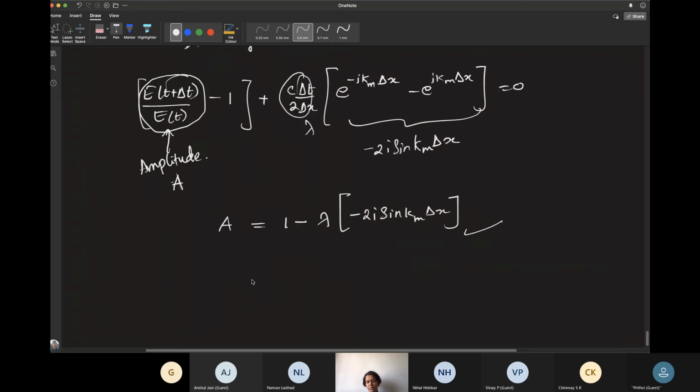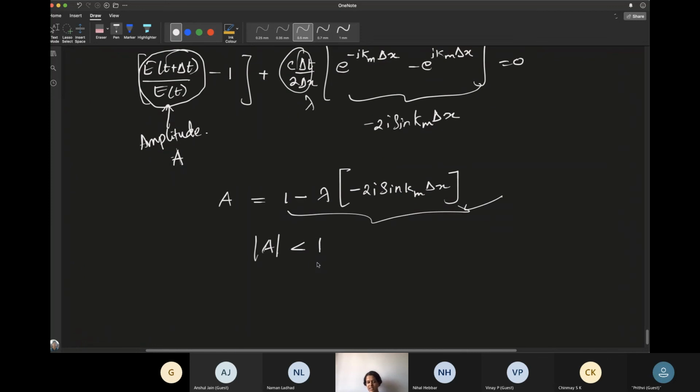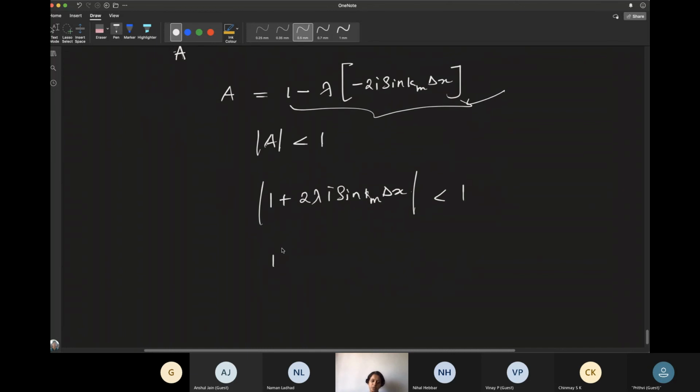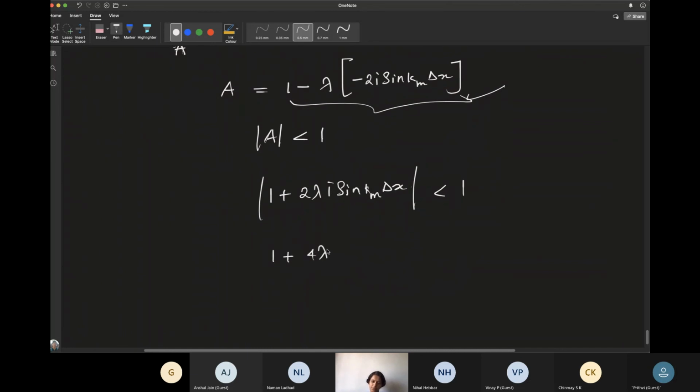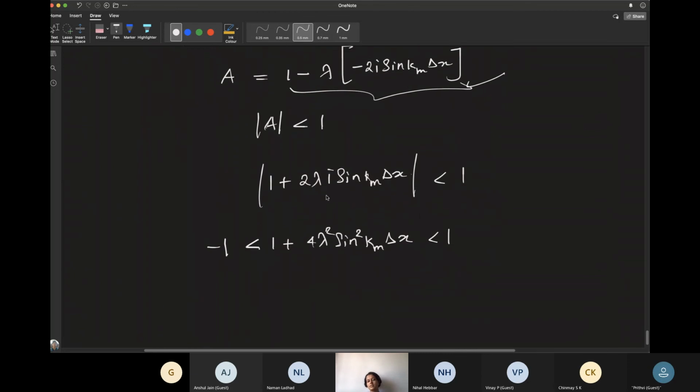In order for your system to be stable, you require your mod A to be less than 1. So in that case, this term must be less than 1. So you just write 1 plus 2 lambda, right? Modulus of this must be less than 1. So which will be 1 plus, that is minus 1 less than this.